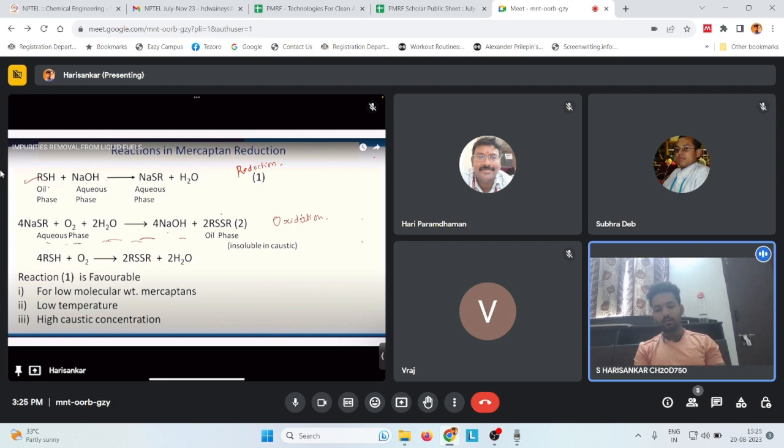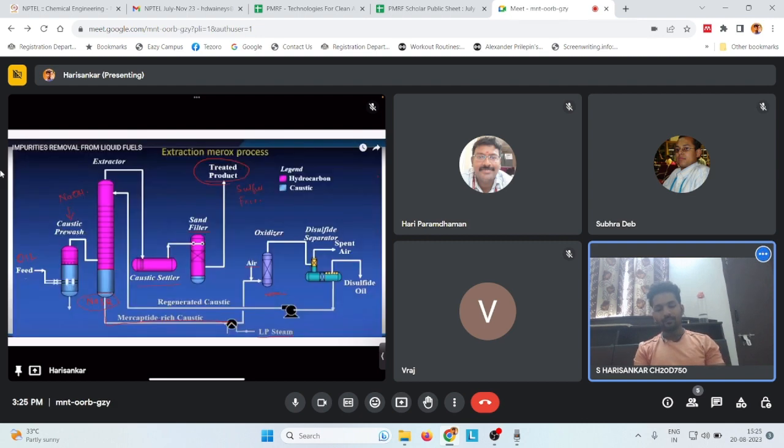So this second reaction happens here in the oxidation chamber, and finally you will get the disulfide oil. So this is just a brief overview of the Merox process that is used for separating sulfur compounds from crude oil.